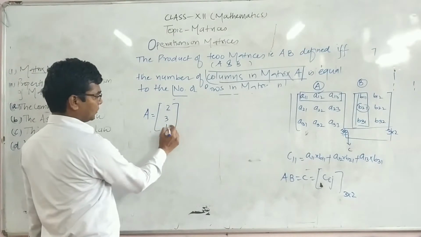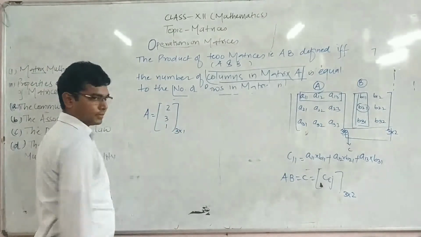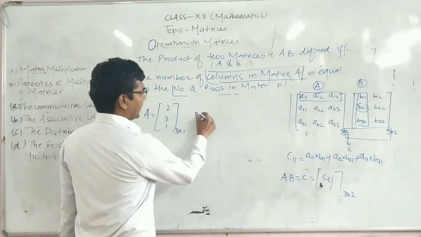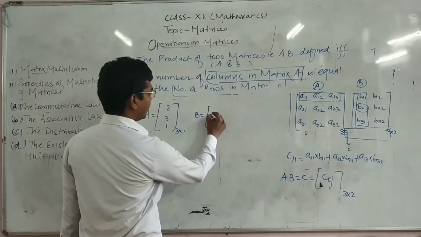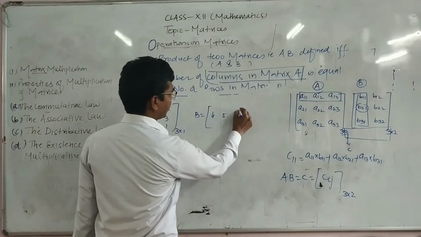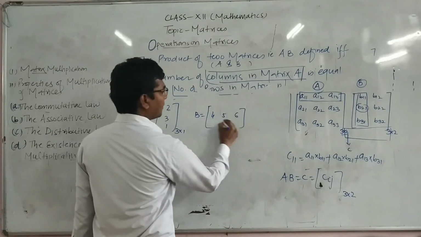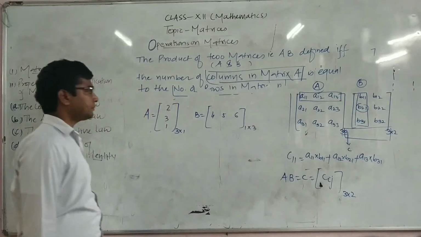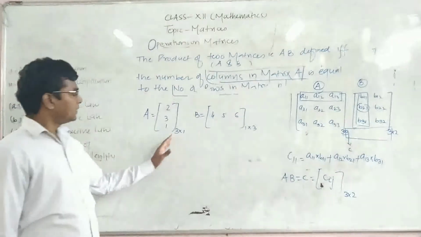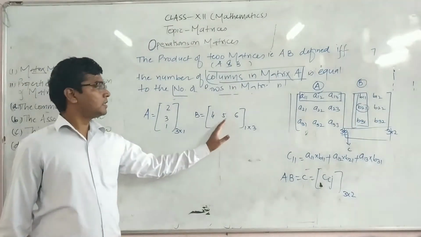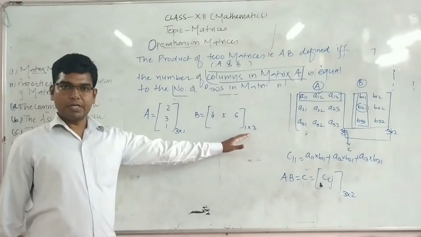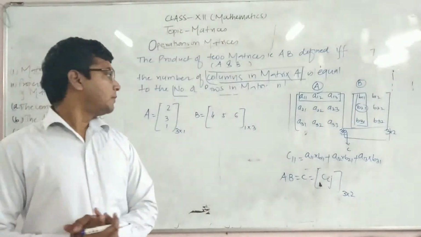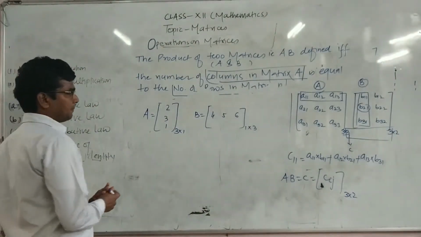Definitely 3 by 1. And B is another matrix, let us take 4, 5, 6, which is 1 by 3. So this is 3 by 1, and this is of order 1 by 3. How will the multiplication take place?